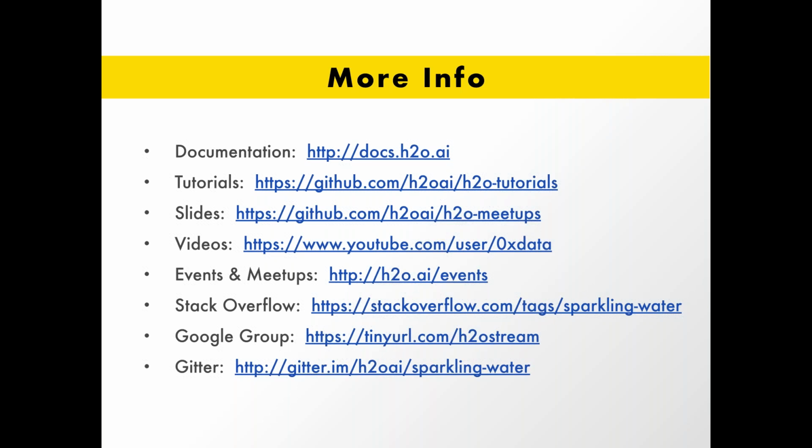Yes. There's another interesting question. It says, what data sync issues can arise with duplicated data on Spark versus H2O? And how is the product set up to address such problems? What kind of problems? Sorry. As in, what kind of data sync issues can arise with duplicated data on Spark versus H2O?